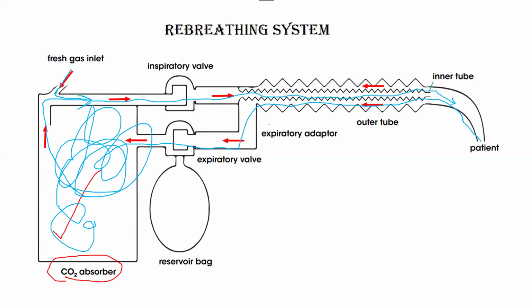So since there is a route in which the exhaled gas is also being inhaled, we have a carbon dioxide absorber canister in the rebreathing circuit.